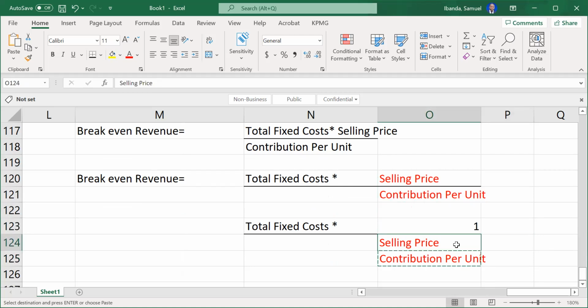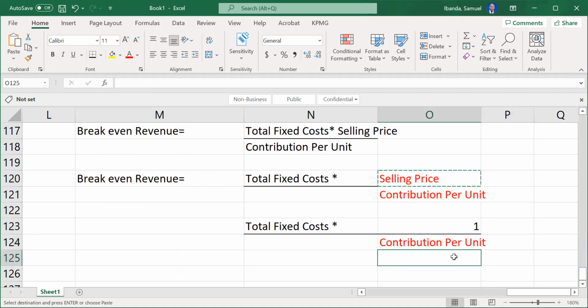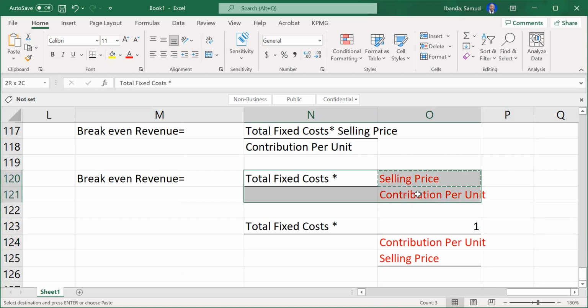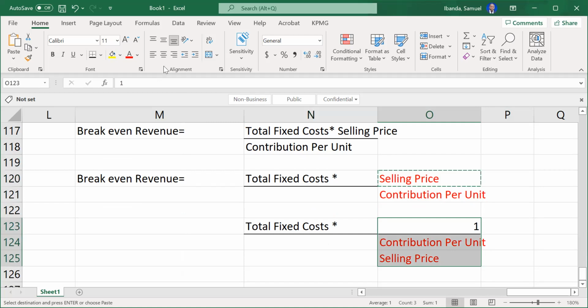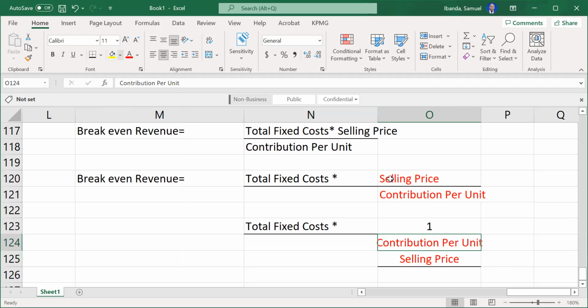If I want it to look like what I have here, 1 divided by contribution per unit divided by selling price gives me the same thing as what I've written up. To those that are getting confused, I'm sorry, but you'll be able to learn this as we proceed, okay? When you do 1 over something, it's like interchanging it. Those that did mathematics, this might be coming up easy.